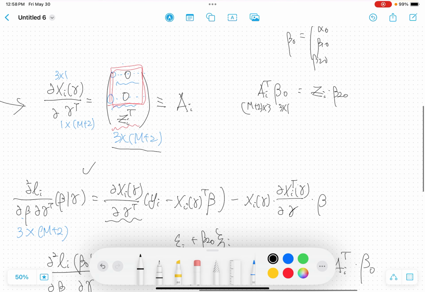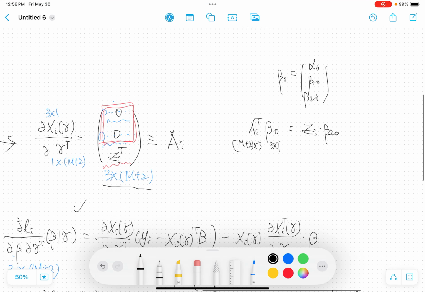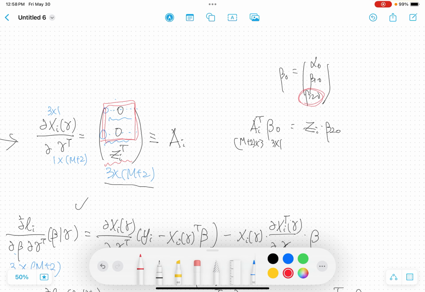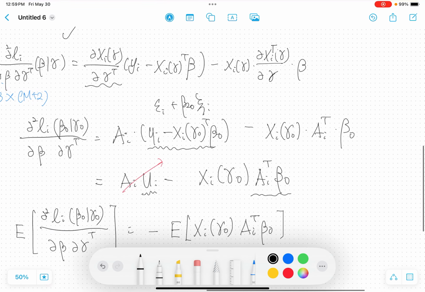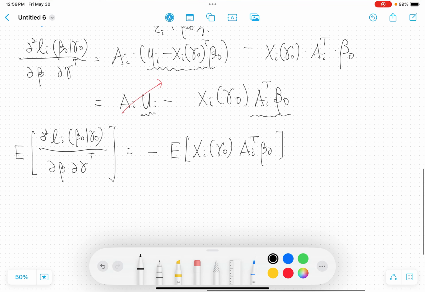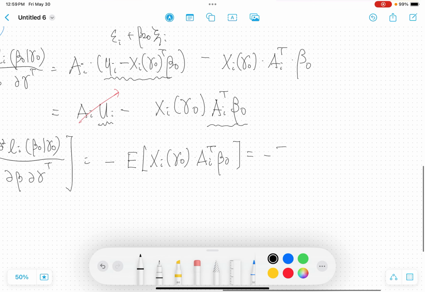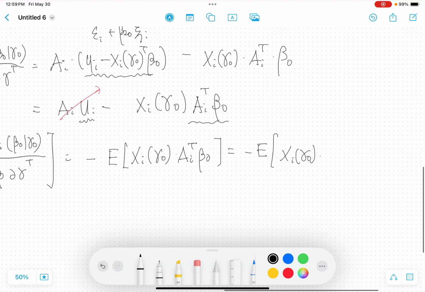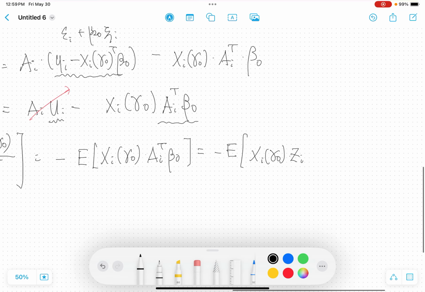So when you multiply beta by AI, you will only have beta 2 in the end. So this is the final simplification, and that means you can use minus expectation of xi gamma 0 times, instead of AI transpose beta 0, zi beta 2 0. Okay.